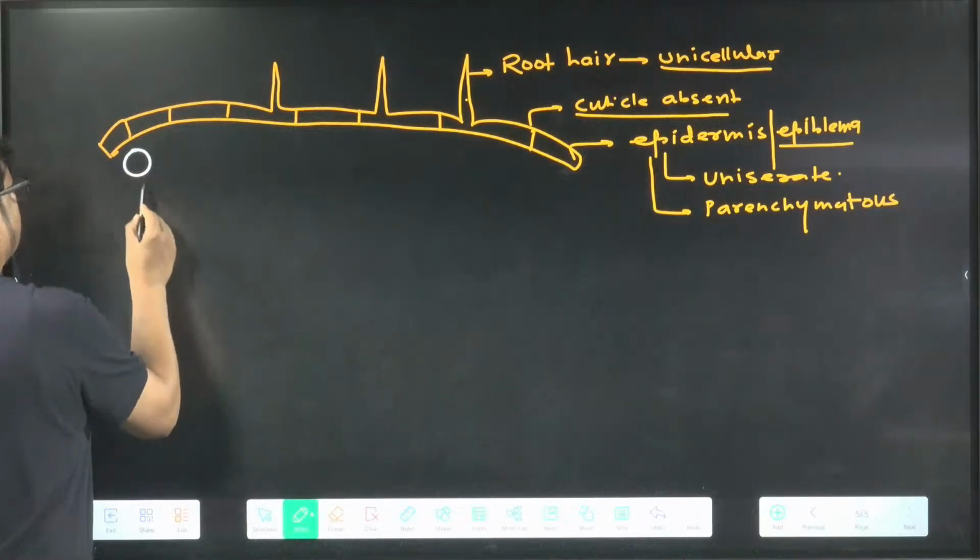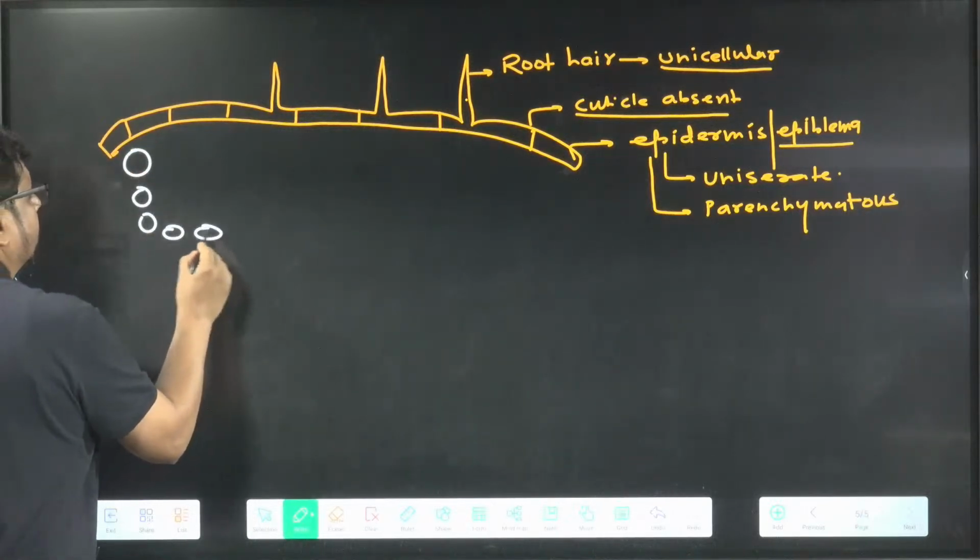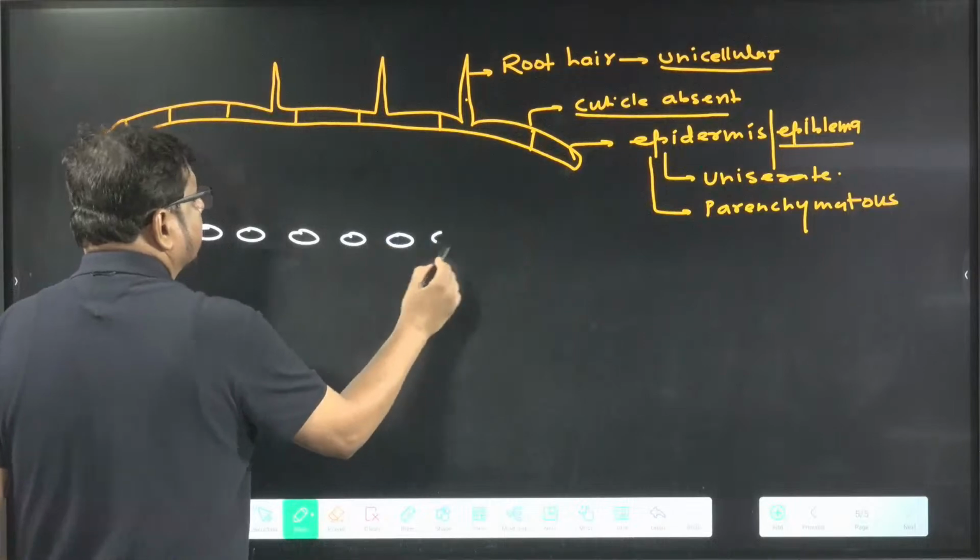many round cells are present, and they are present in many layers.